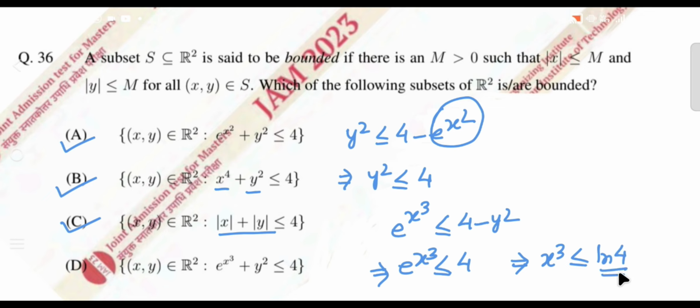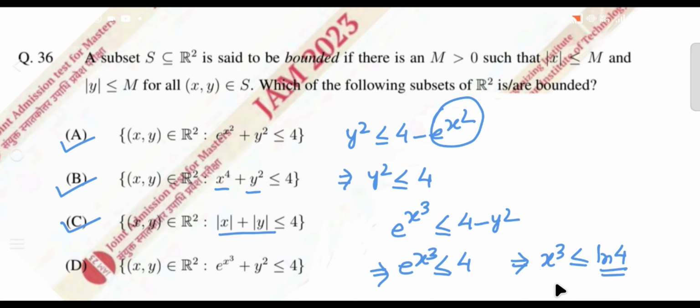And you know ln 4 is a positive number, and I have already mentioned before going to these options that whenever you have an odd power of any variable less than or equal to a positive number, then this variable x will go in the backward direction to infinity.